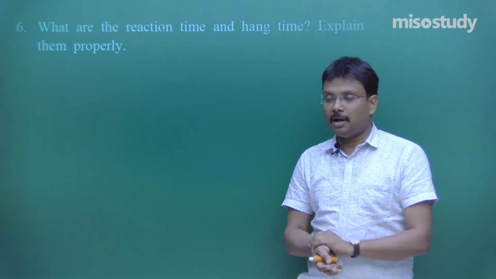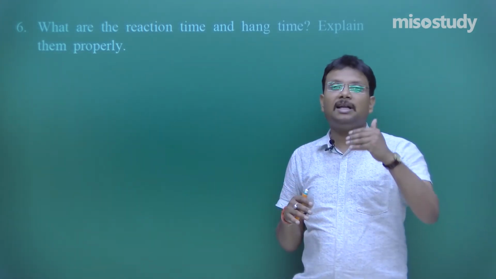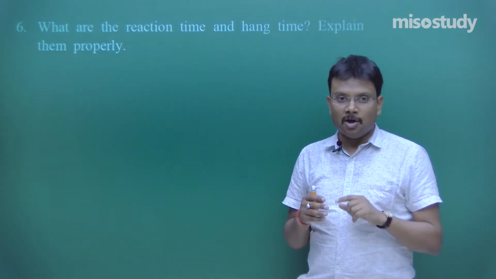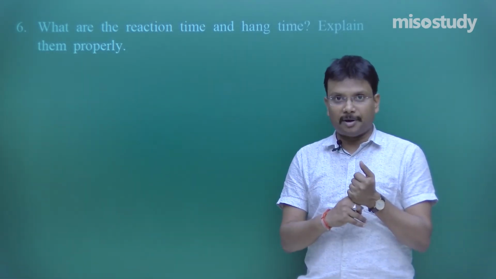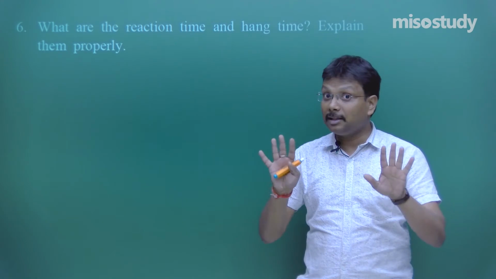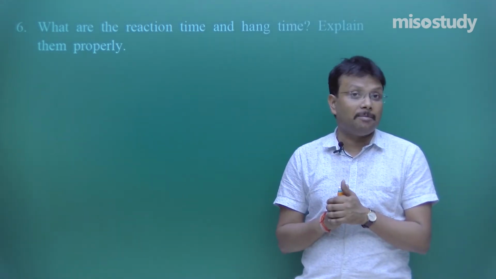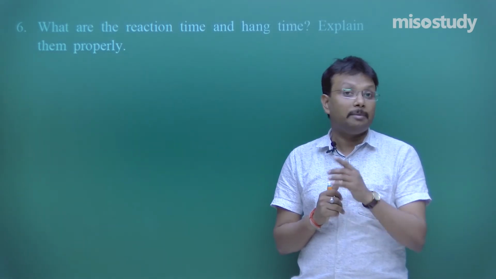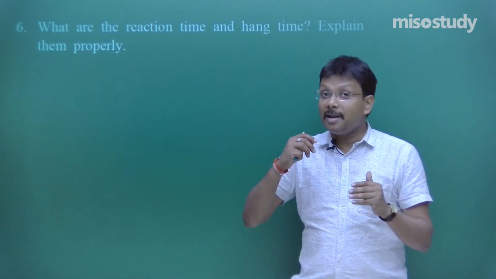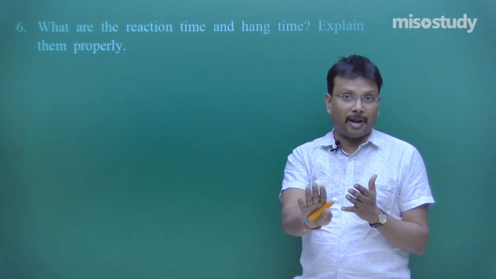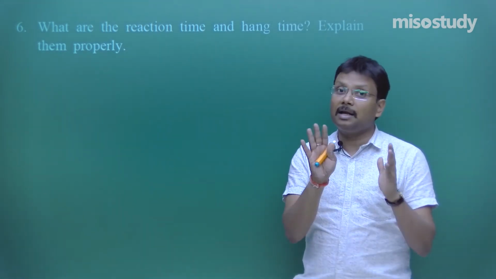For example, I am driving my car. Suddenly I see someone coming on the road in front of my car. The moment I notice that person, I have to apply the brakes. Now if my reaction time is large, then I will be in great trouble. I may hit that person. If my reaction time is quick and sharp, the moment I notice, I press the brake pedal, then only I can save that person.